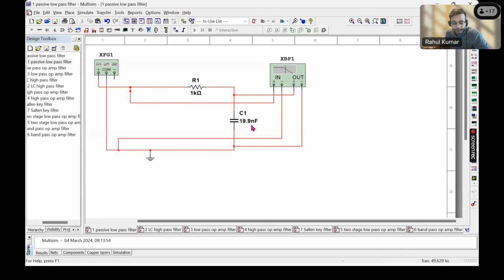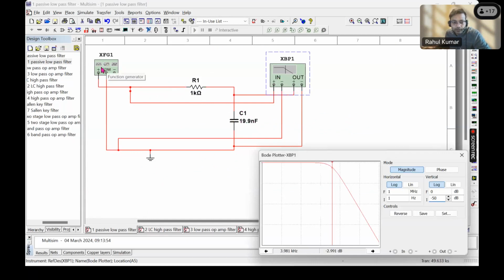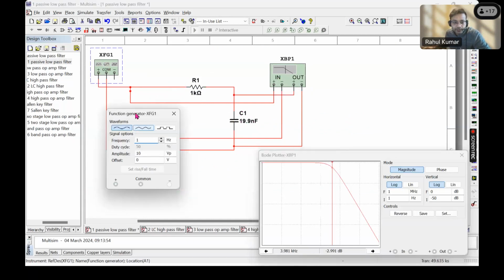Now this is your signal generator. It's generating a sinusoidal waveform of 1 hertz frequency and 10 volts as the peak voltage amplitude.